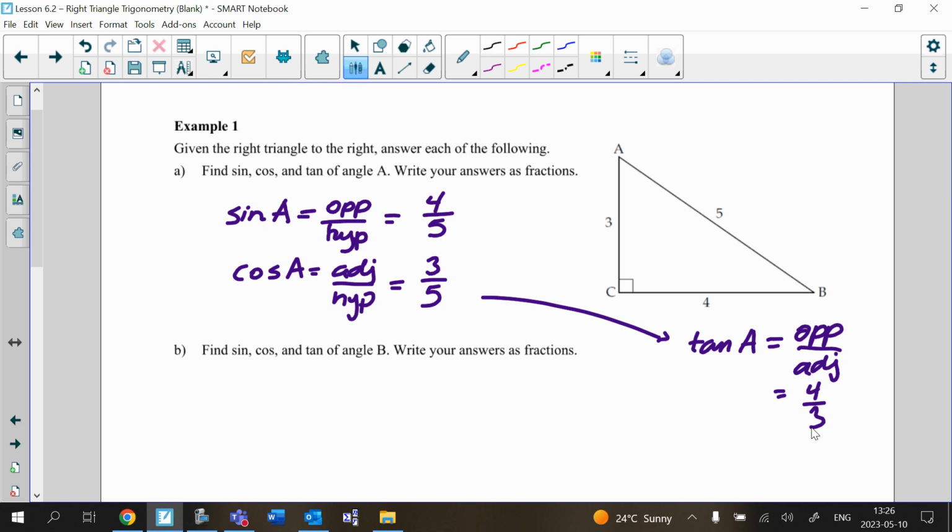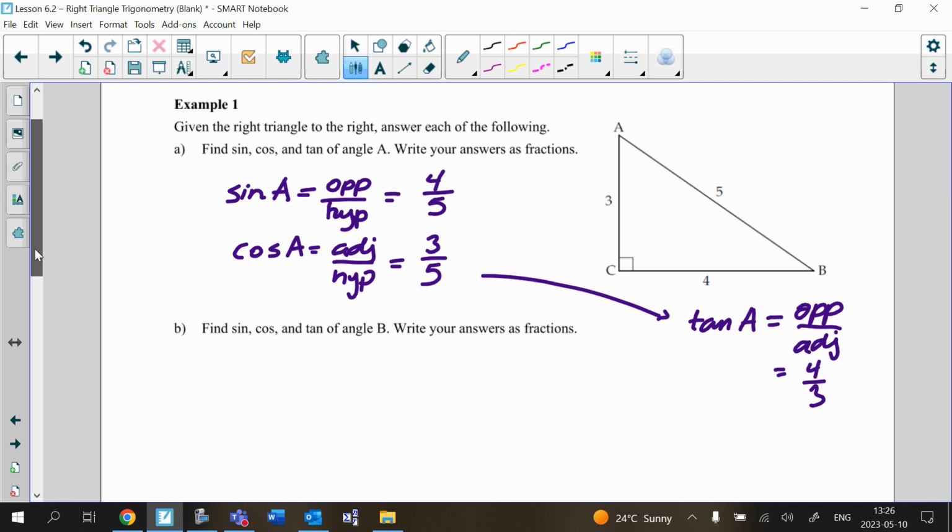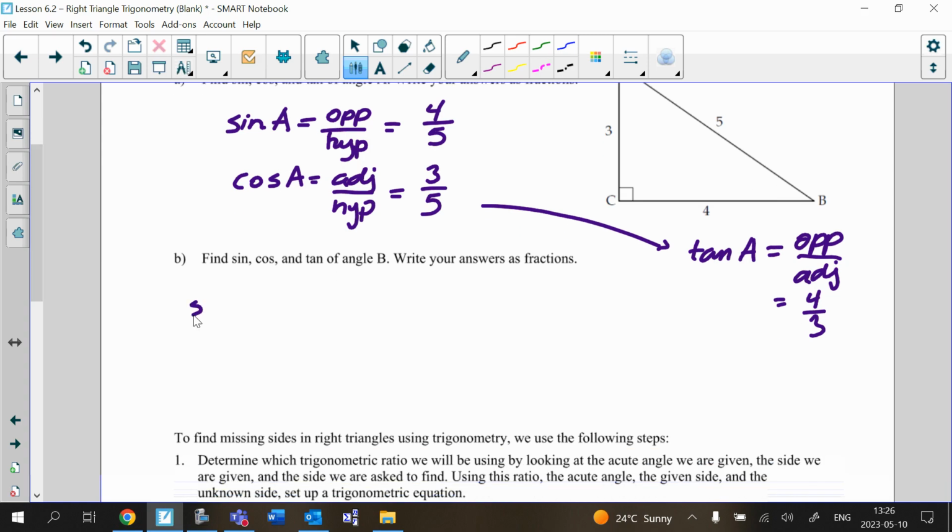So we would say that the sine of angle B is 3 over 5, because it's opposite over hypotenuse. The cosine of B is 4 over 5, and even the tan flips. Instead of 4 over 3, it's going to be 3 over 4.